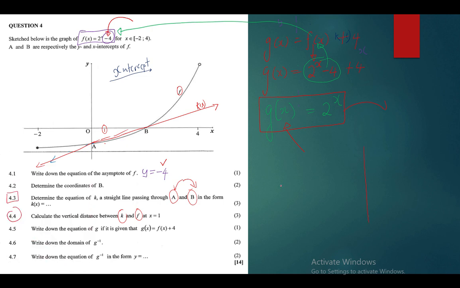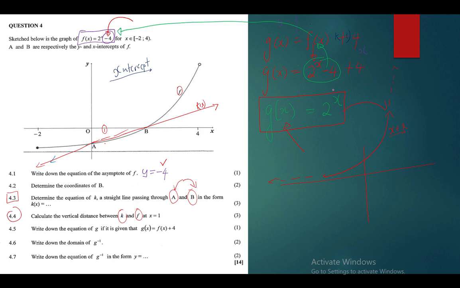So it's going to be like this. So the question is, what is the domain? The domain of this function g of x equals 2 to the exponent x is x is an element of real numbers. All values of x can be found from this function g. Remember, it's continuing in this direction and it's also continuing up in this direction.